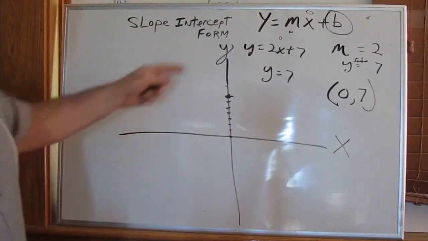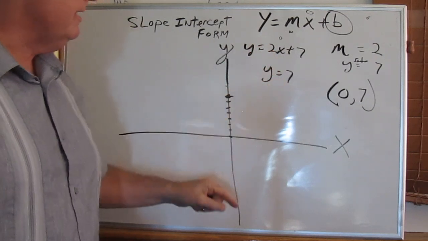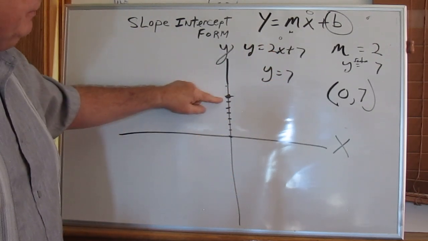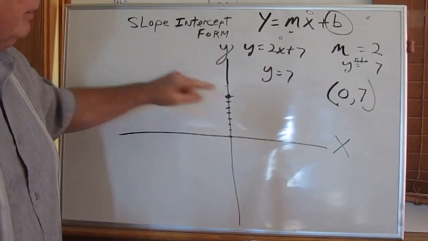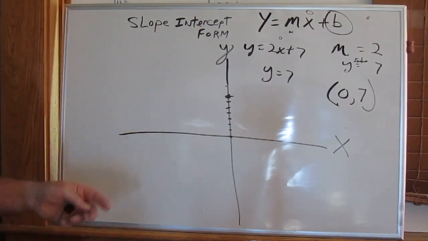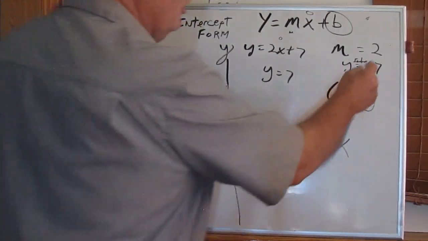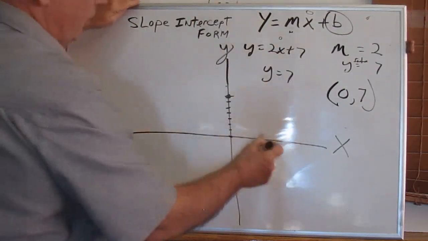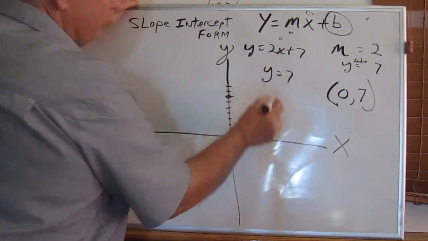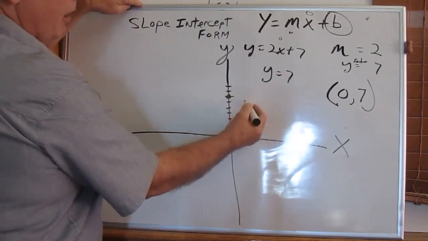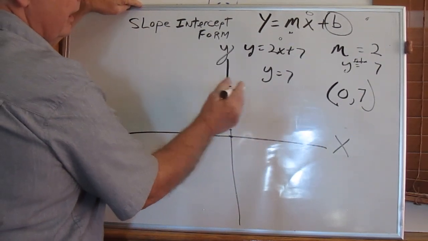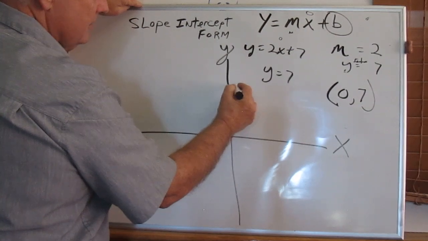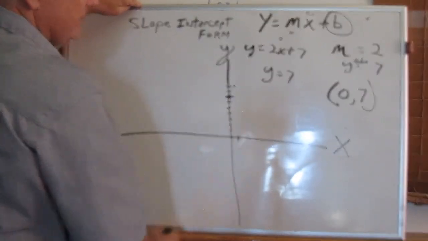So we know from examining this equation that the y-intercept is 7, and it crosses the y-axis right there. What else do we know? We know that it has a slope of 2, which means it goes up 2 and over 1. So we'll start right at the intercept and go up 2. 1, 2, and then we'll go over 1. Just like it says.